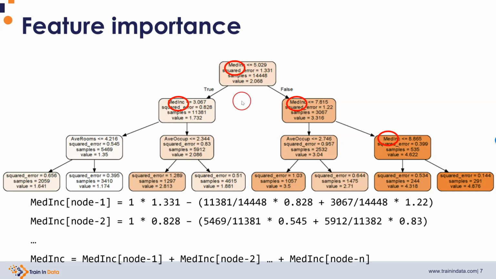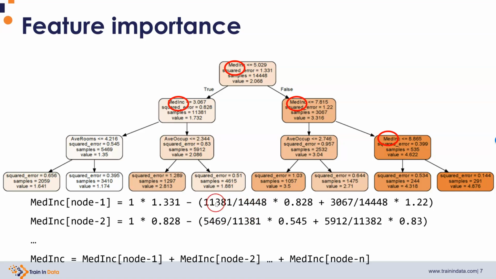So we're going to subtract from this total impurity the impurity from the left child and the impurity from the right child. The impurity of the left child is weighted by the fraction of observations. So here we have 11,381 observations from the original 14,000 and something.